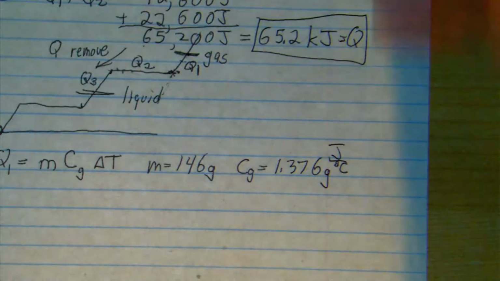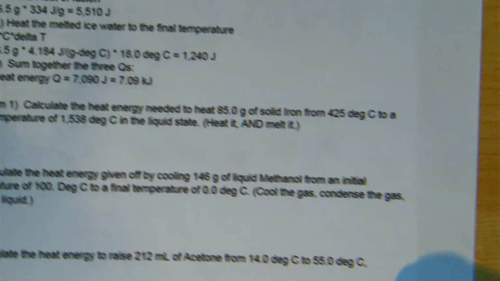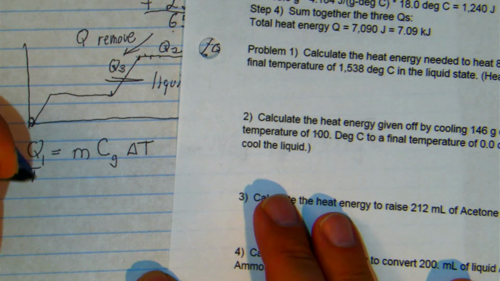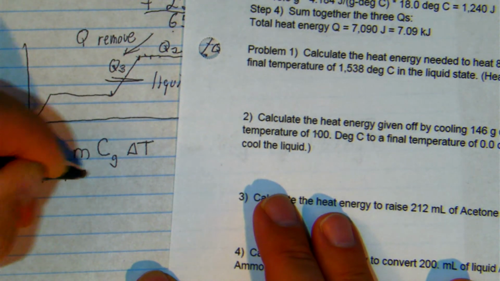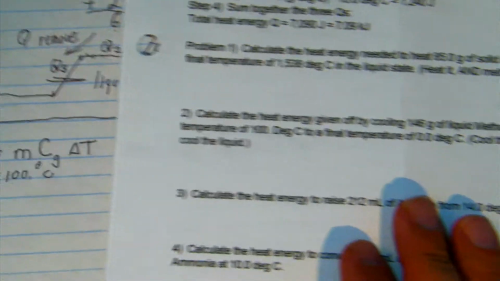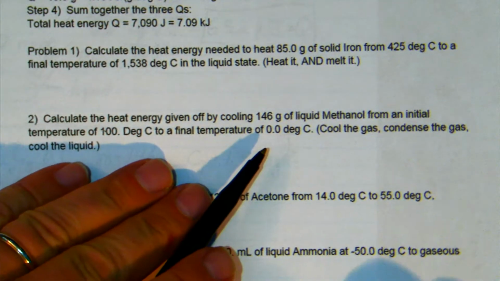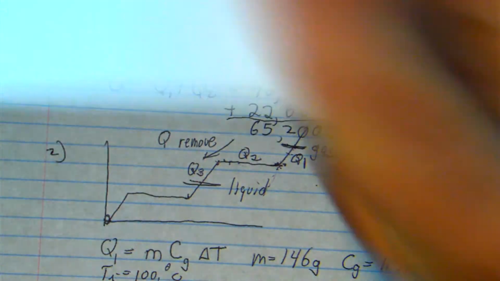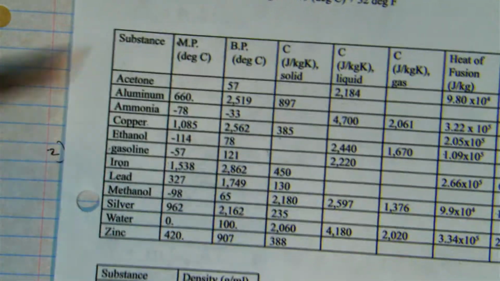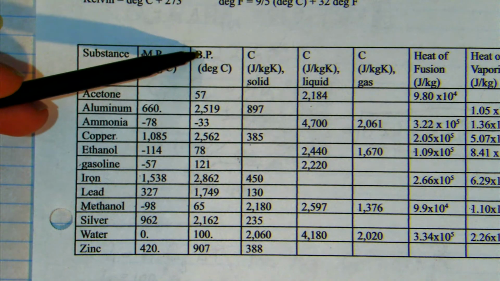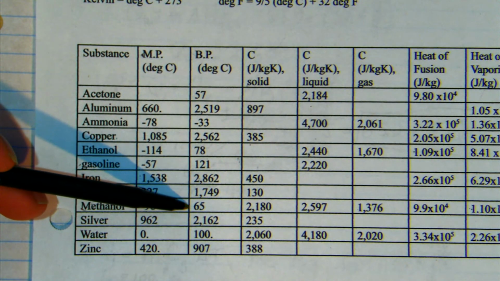Now, for the change in temperature, thinking caps on, my initial temperature is 100 degrees Celsius. My final temperature can only go down to the boiling point of methanol. I go to the chart for methanol, I look up its boiling point, and I see it is 65 degrees Celsius.